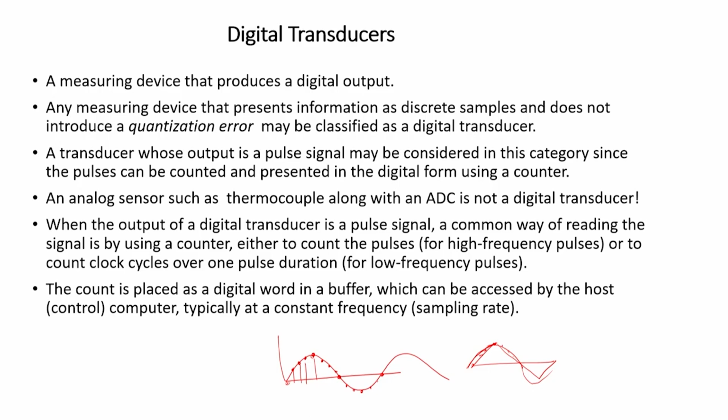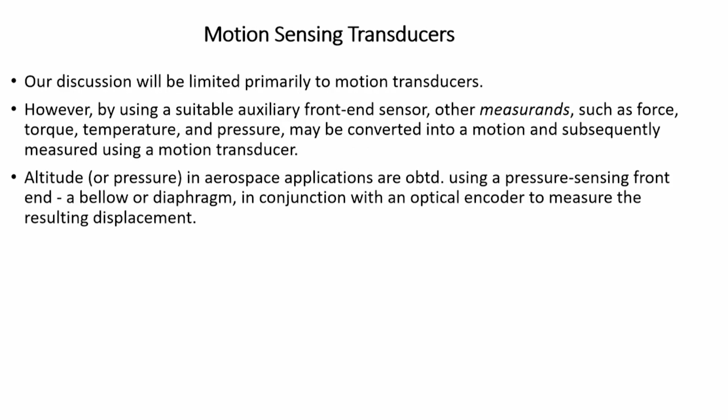of a signal. Now, we come to the motion sensing transduction. So, our discussion will be limited primarily to motion transducers and the corresponding digital counterpart of it. Now, by using a suitable auxiliary front end sensor, other measurements such as force, torque, temperature and pressure may also be converted into motion and subsequently measured using a motion transducer.